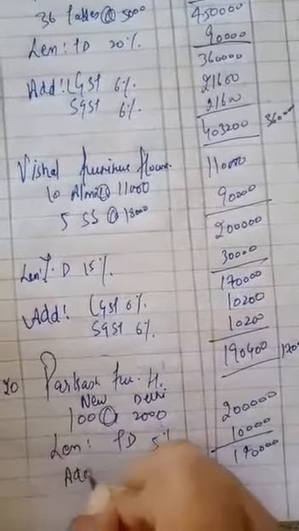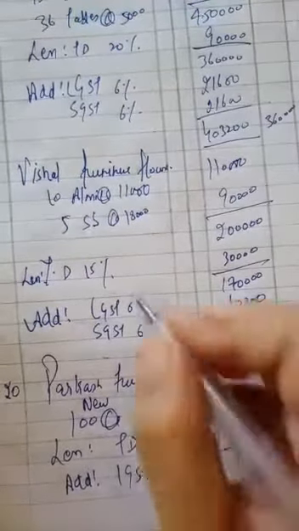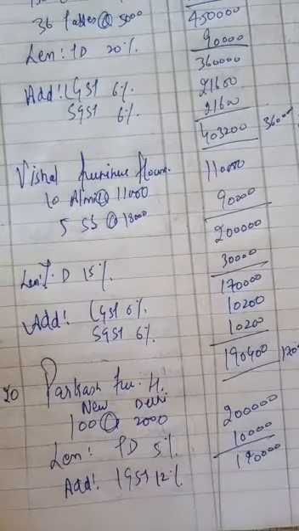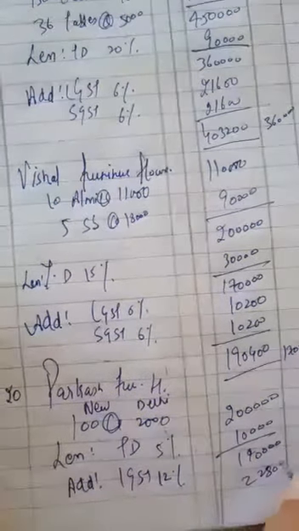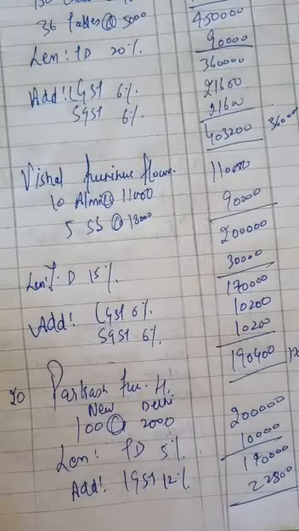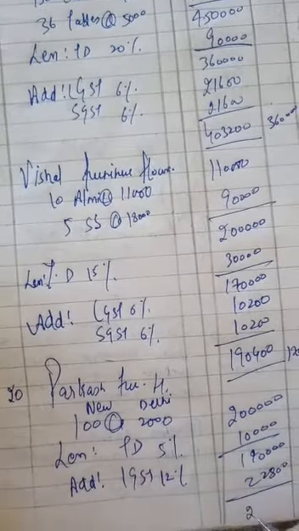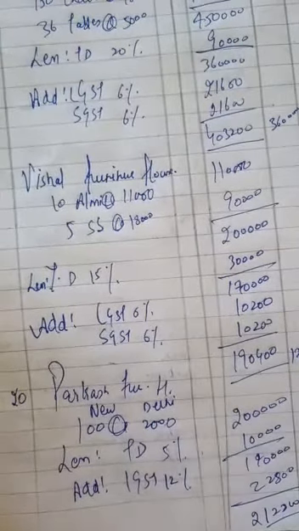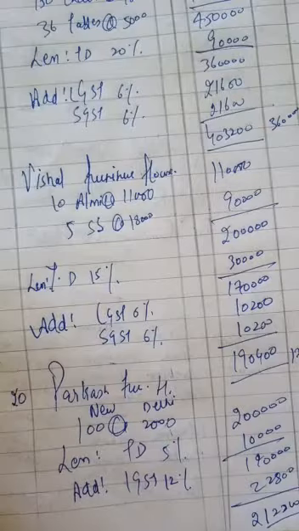Add IGST, 12% IGST. 12% of 1,90,000 will be 22,800. The total becomes 2,12,800.